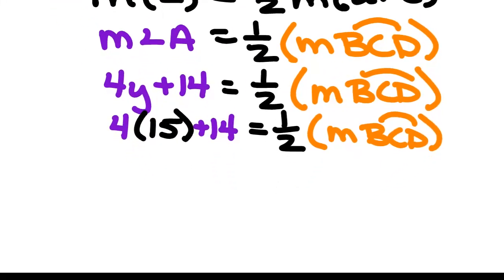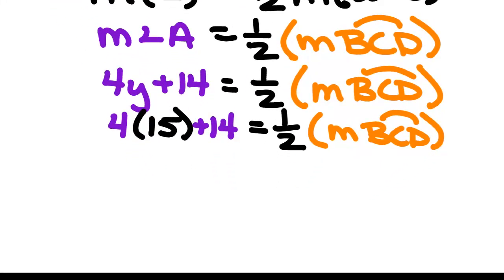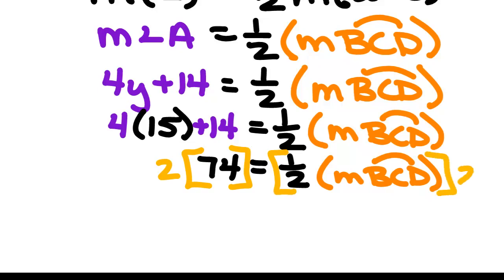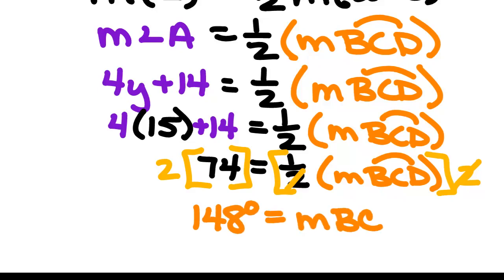What is 4 times 15? 60 plus 14. So we have 74 equals 1/2 times the measurement of arc BCD. And how do I get rid of the 1/2? Multiply. We're going to multiply both sides by 2. 148. So 148 degrees for the measurement of arc BCD.